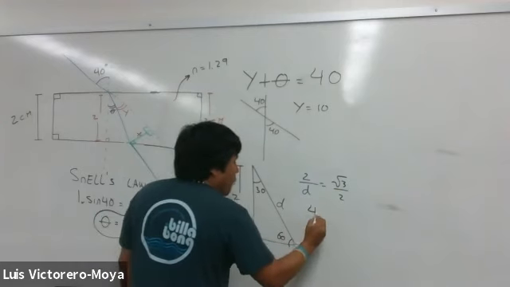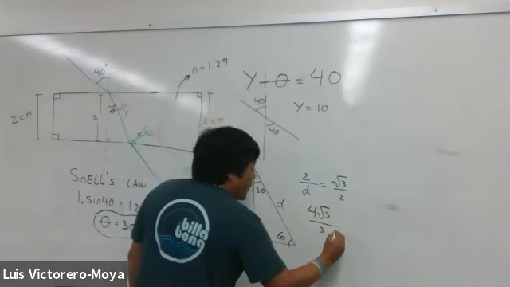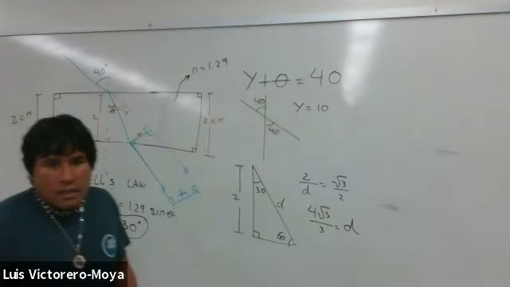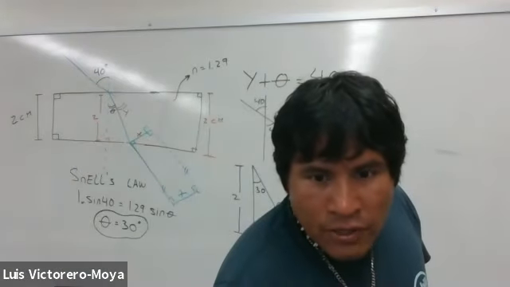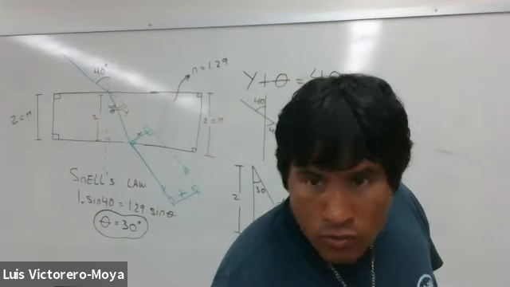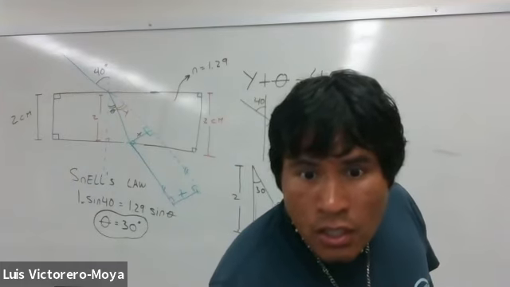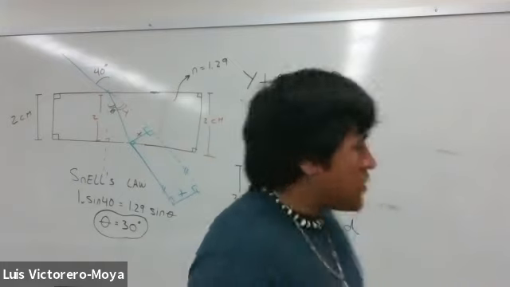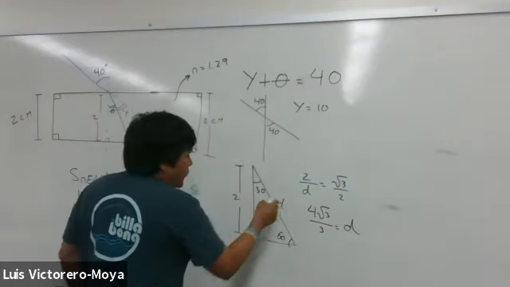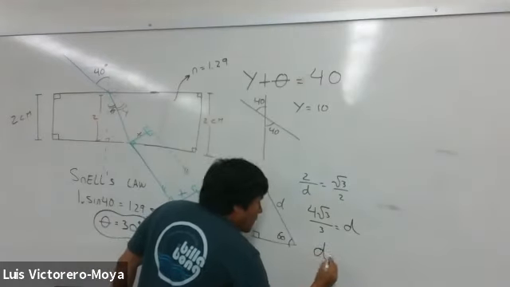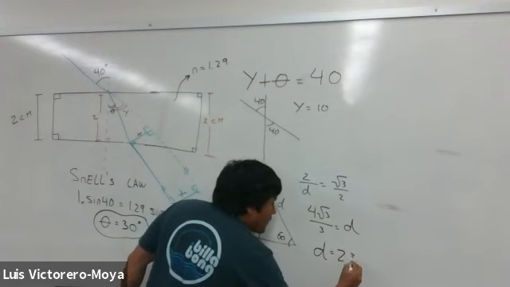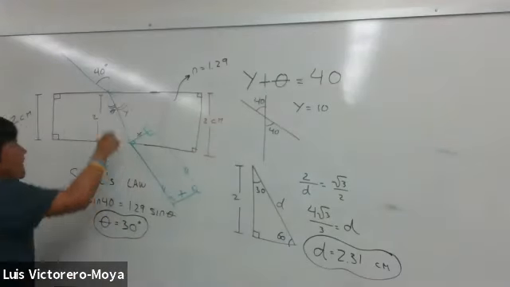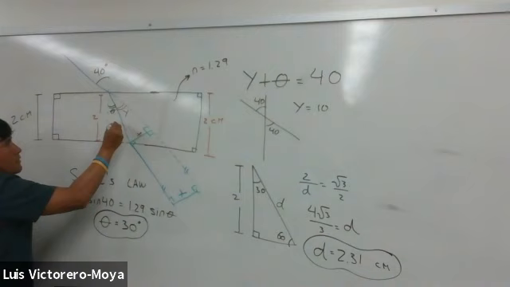So D will be 4 root 3 over 3. That's the value of D. And if I use decimals, because they give me values like that, 4 times the square root of 3 divided by 3, 2.31. So this value of D is 2.31 centimeters.